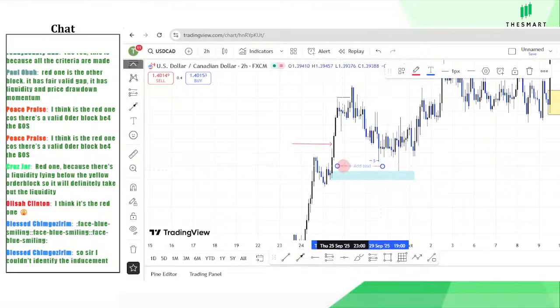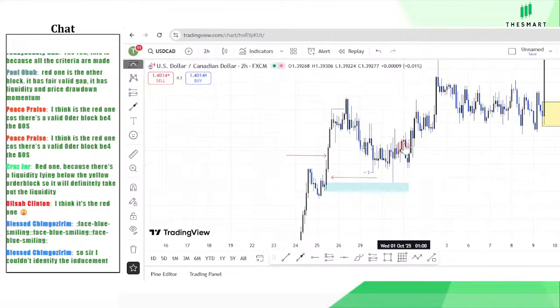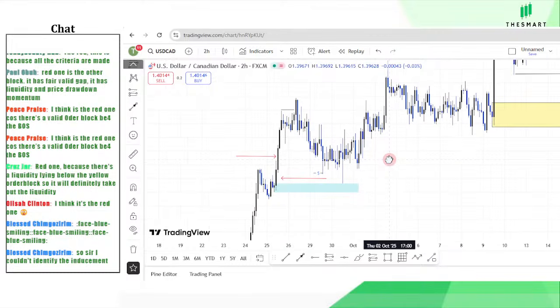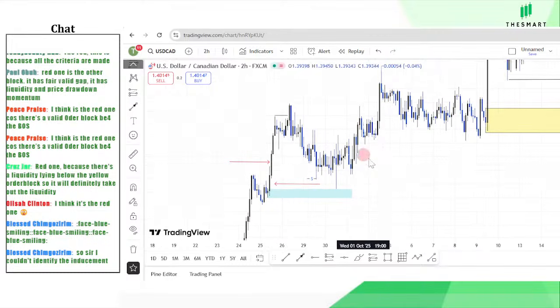Once you have this fair value gap still empty, what did you see? Price tapped into this zone, and when price tapped into this zone, we had a reaction to the upside.